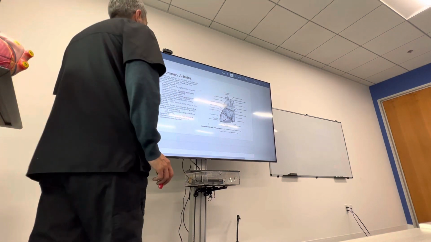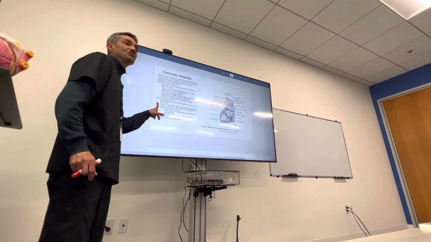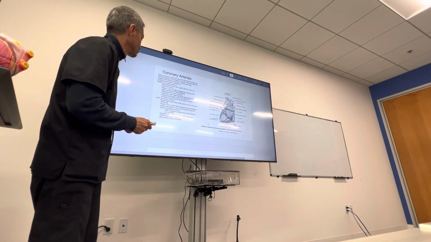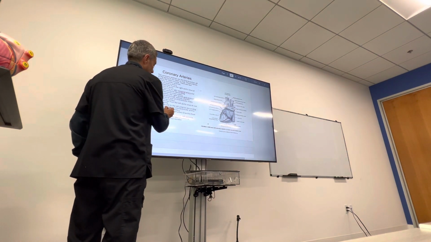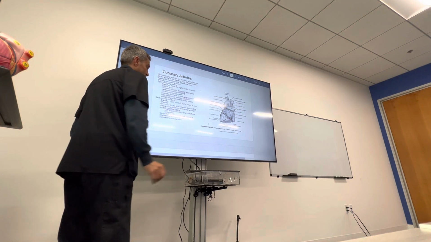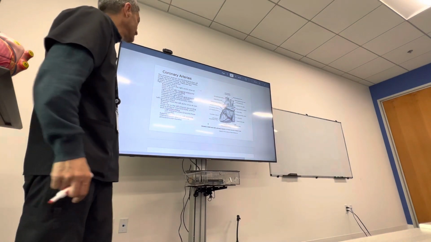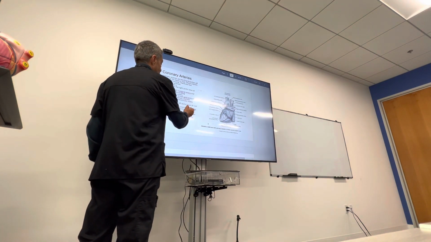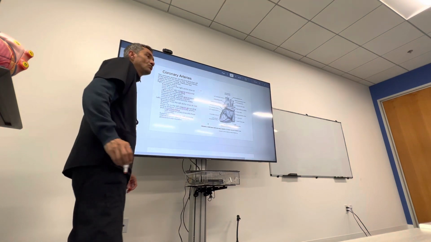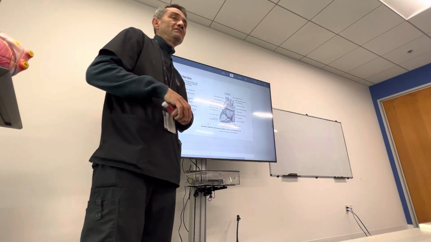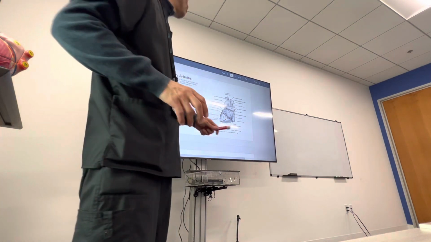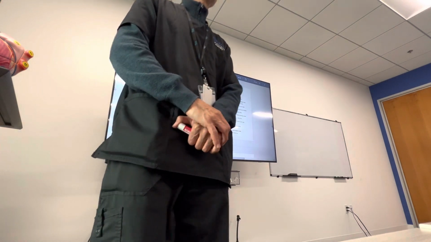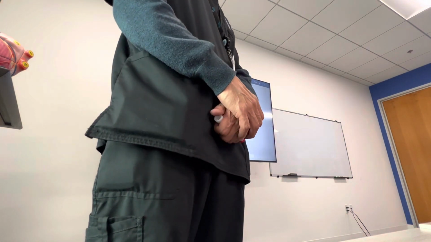Your left coronary artery branches at the same level as the right one and gives two major branches: the circumflex artery, and then the left interventricular, or sometimes they call it the anterior descending. For the right one, they call it posterior descending. You could use any of the terms. So those are the four major arteries.